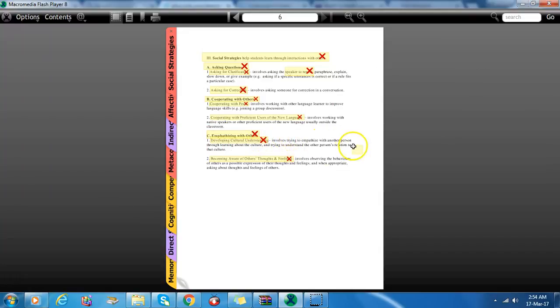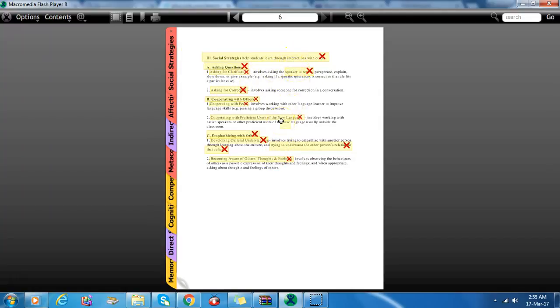So when I go through the explanation here, I got this: trying to understand the other person's relation to the culture. So I highlight that for me to understand about the strategy. And then moving on, becoming aware of others' thoughts and feelings. So you know how others feel, so you must be able to be aware of it. That's how you highlight the strategies and the important key points here.